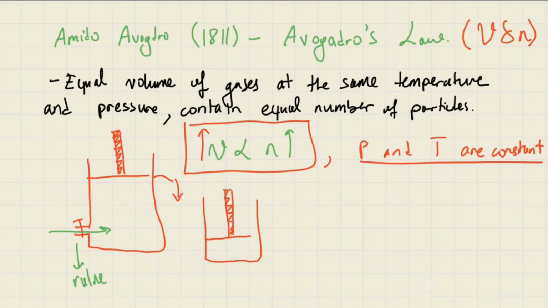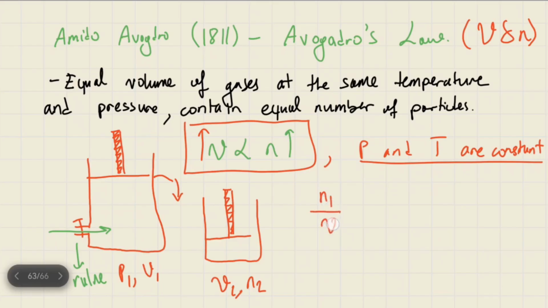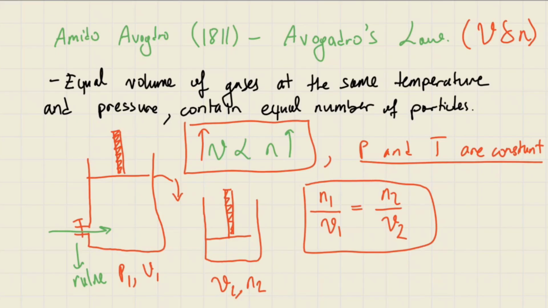And in this case, for instance, this is the V2 and N2 case, and this is the N1 and V1 case. And there's a relationship between them, which is N1 over V1 should be equal to N2 over V2, since they are proportional to each other.